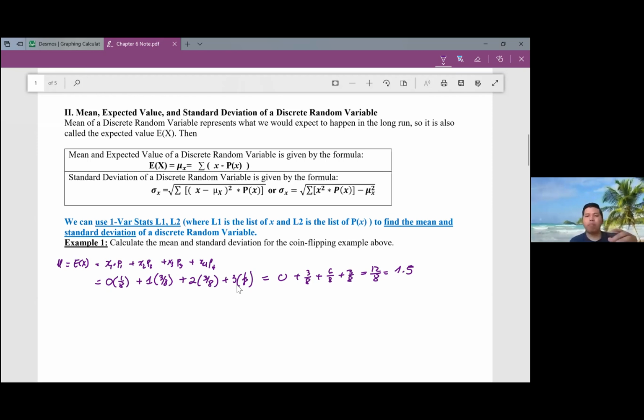Again, this is all based on theory. It just means that if we flip the coins, on average we expect to see 1.5 heads.